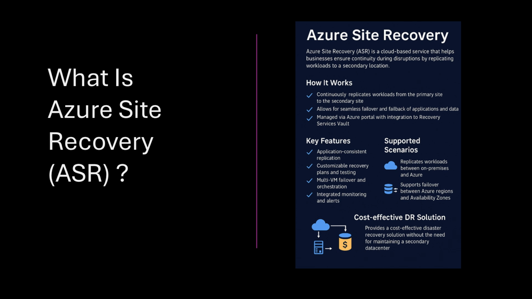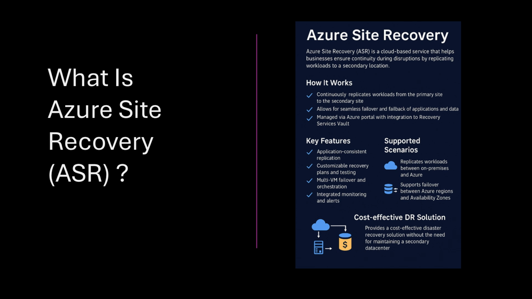You manage all of this centrally through the Azure portal, and it integrates directly with your recovery services vault to ensure consistent control. You should use Azure Site Recovery when you want a cost-effective disaster recovery solution that doesn't require maintaining a secondary data center.